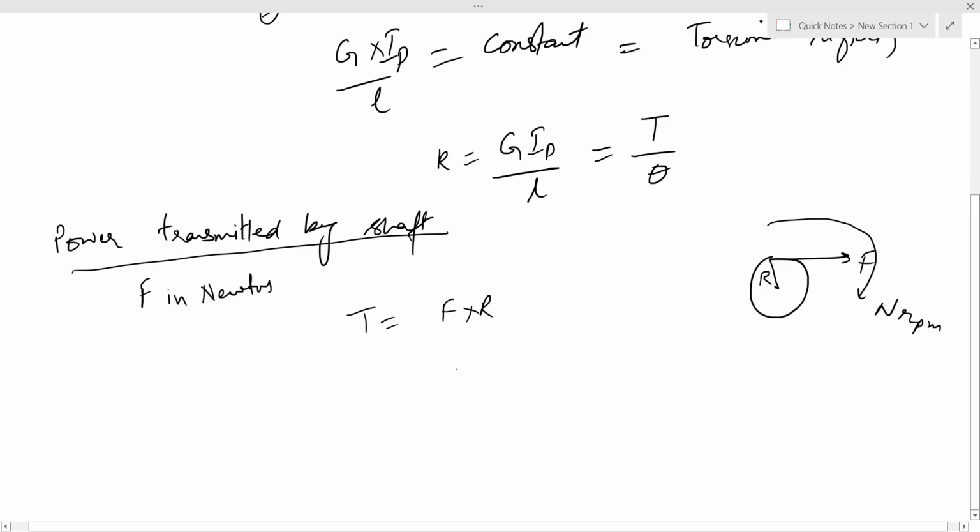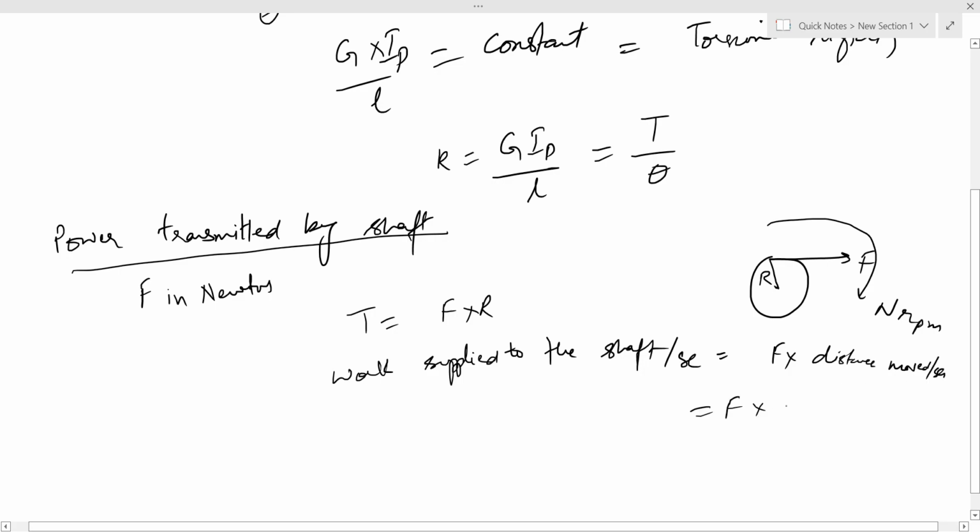Then the work supplied to the shaft per second will be equal to force into distance moved per second, that is F into 2 pi R N upon 60 newton meter per second.